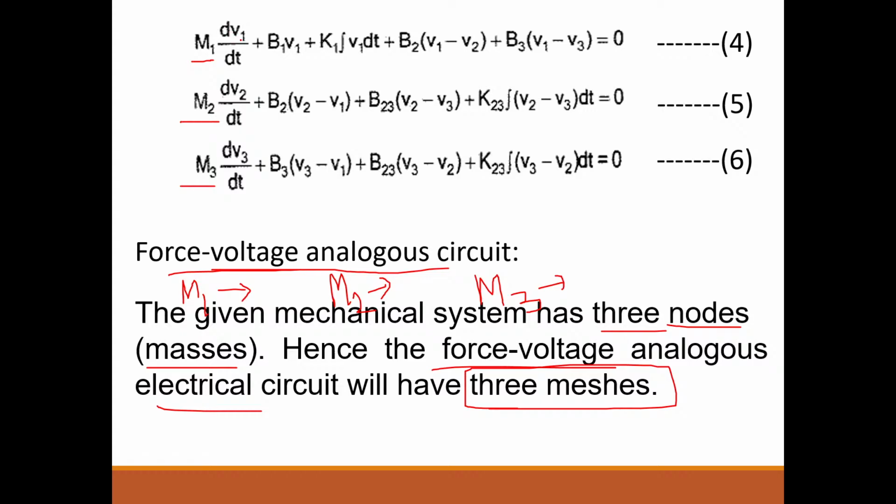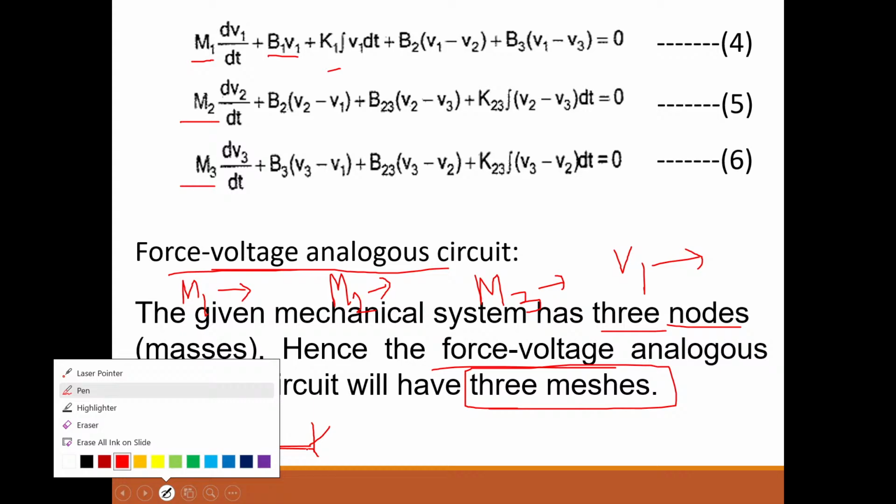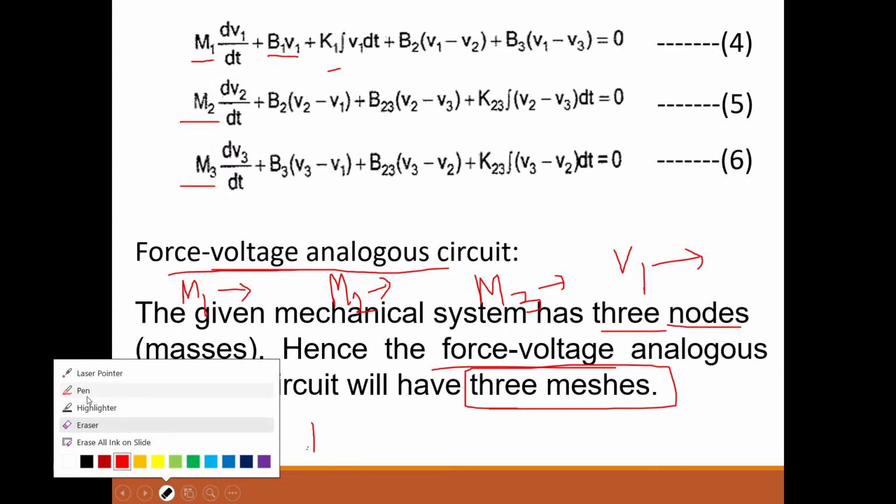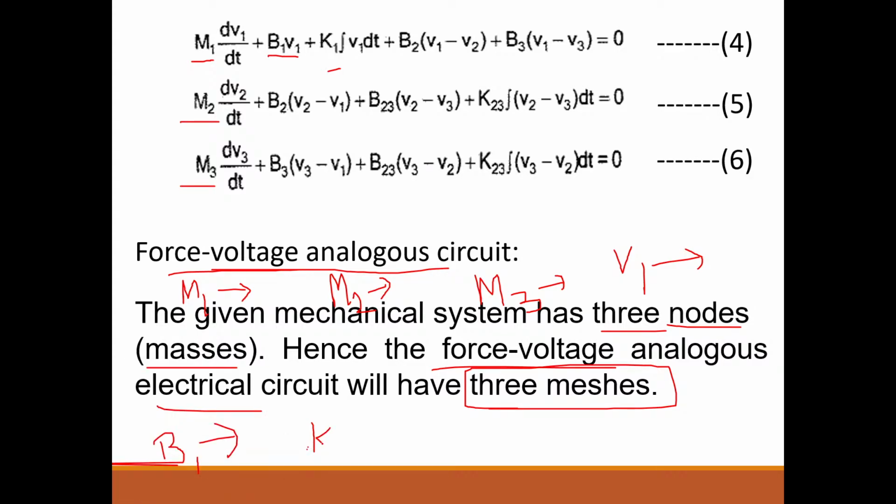What else is there here? V1 is there. So write V1, put an arrow mark and leave it. Next, write B1, put an arrow mark and leave it. Next, write K1, leave some space, put an arrow mark and leave it.